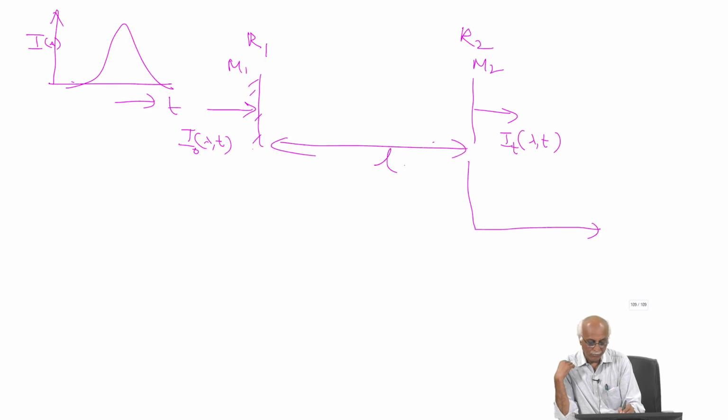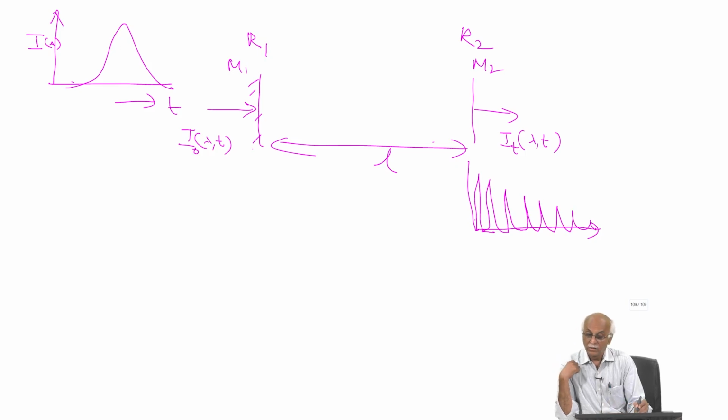This is L. So, this pulse goes through this, and due to high reflectivity, a small amount of input intensity is getting coupled and a small amount will come out. So, there will be some small signal coming out. Then again it will go through multiple reflections, so the output will keep changing, and this is only a single pulse we have passed through.